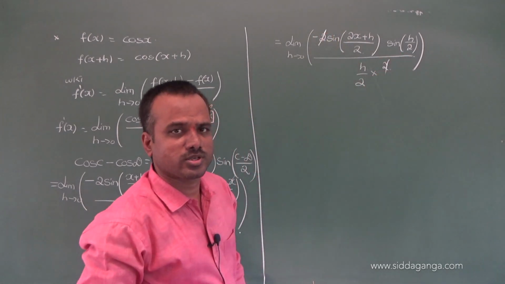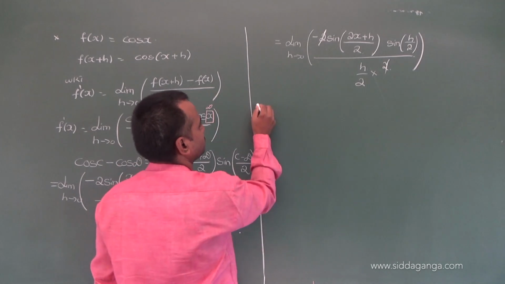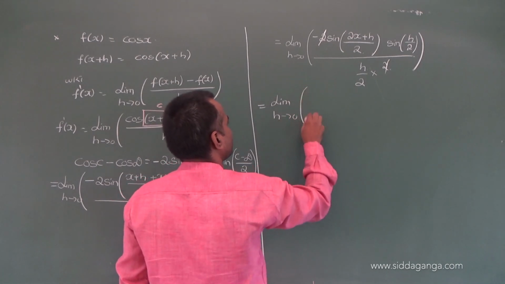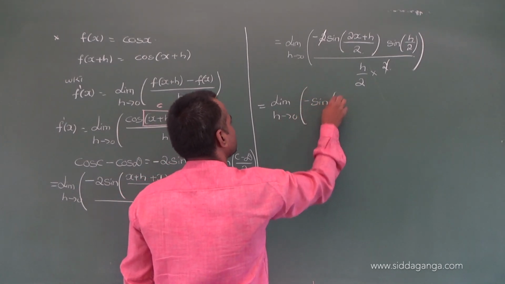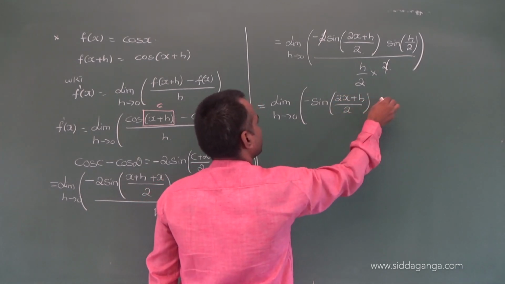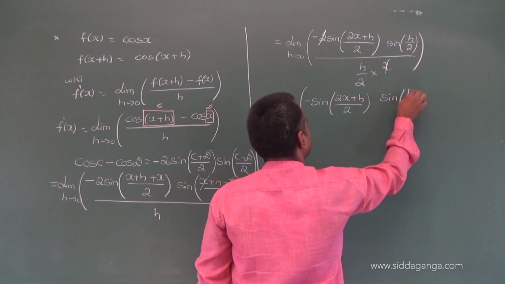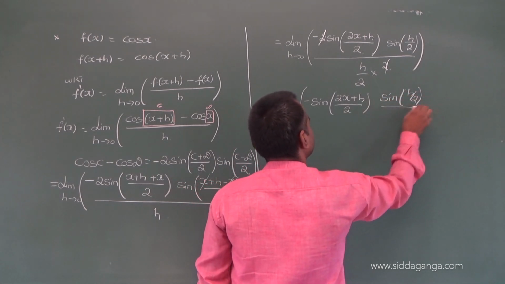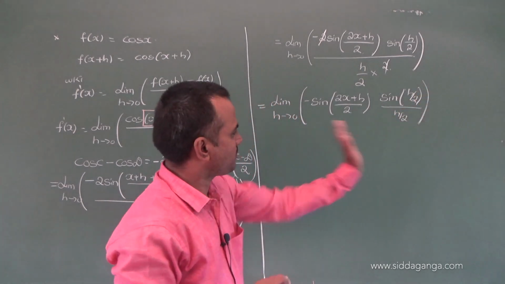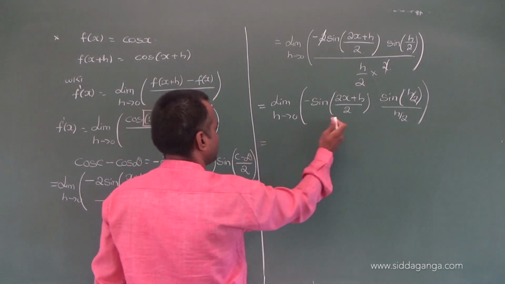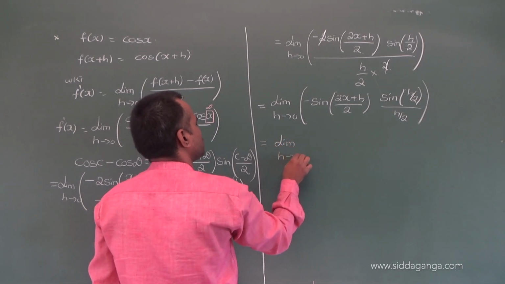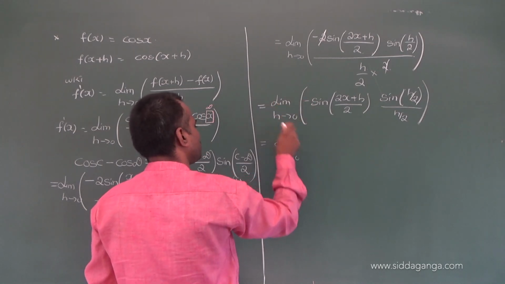2 gets cancelled. That is equal to limit h tends to 0 minus sine of (2x plus h) by 2 into sine h by 2 divided by h by 2. We separate two limits because it is in the form of f of x into g of x. If you want the minus here, no problem, if you write it outside, no problem.